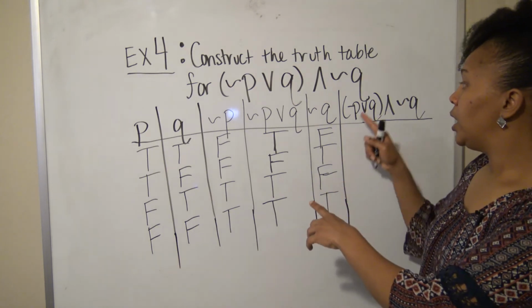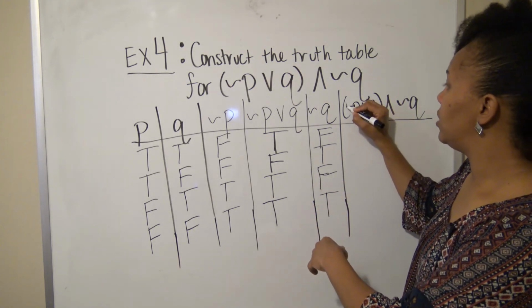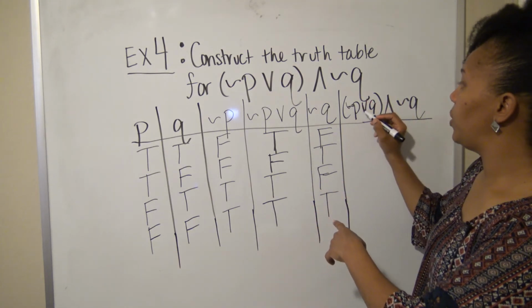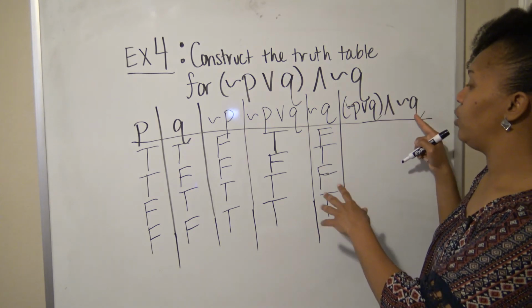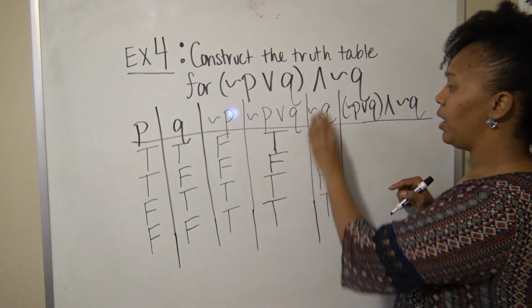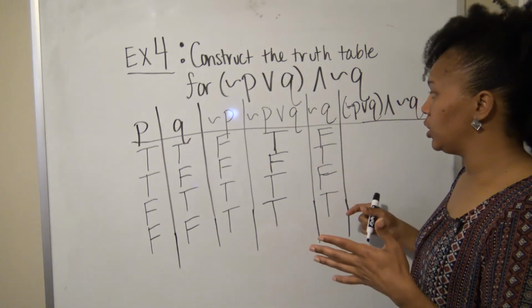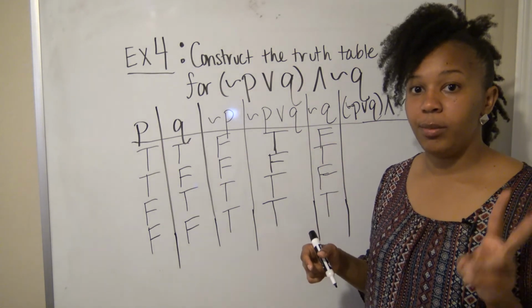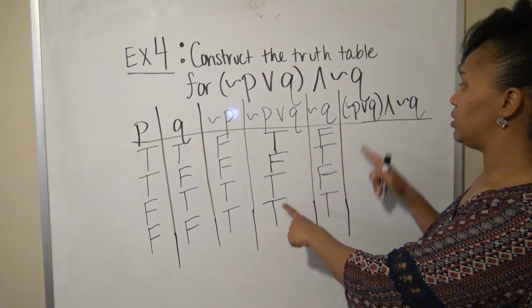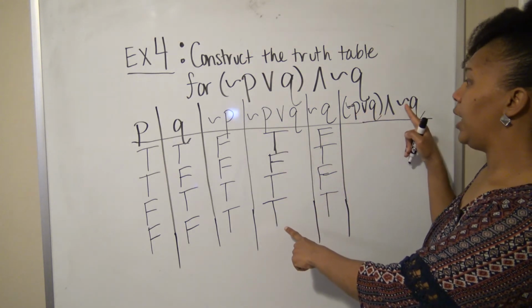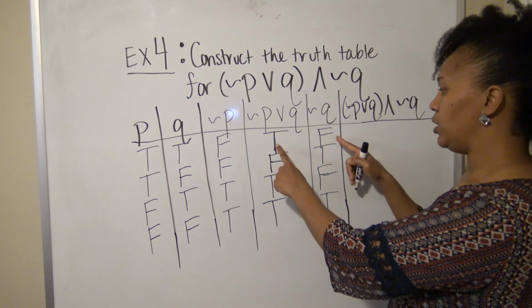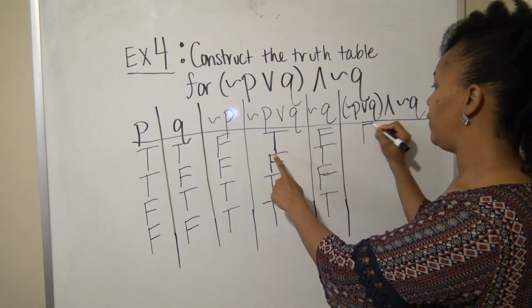Okay. So now I want to take, this is the negation symbol, the negation of P or Q and not Q. So I want to take this column and combine them with the and, which is the conjunction. The conjunction is true when they're both true. So I'm looking at these two columns because it's the not P or Q and the not Q. So in this case, they're not both true, so that will be false.